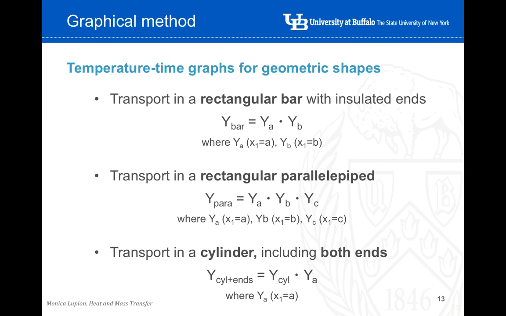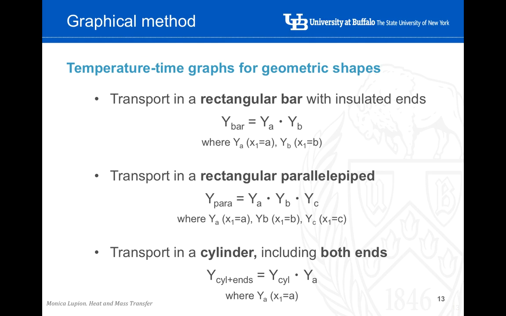What happens if we have some combination of geometry? So there is a case that is not exactly as the geometry is defined in Appendix F. Well, we can still solve the problem and we can still use the graphs. We combine the different charts in order to get the geometry that we're looking for. Three examples.